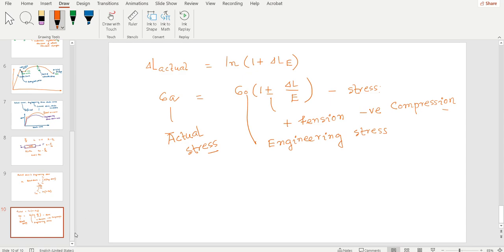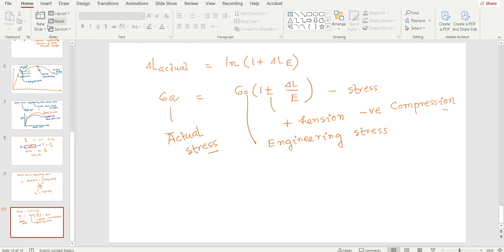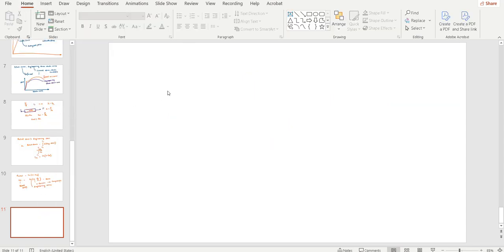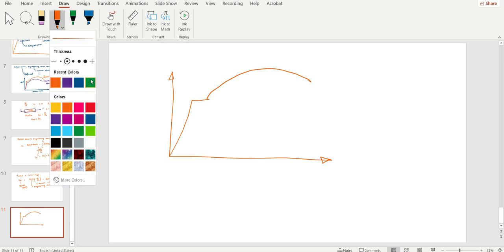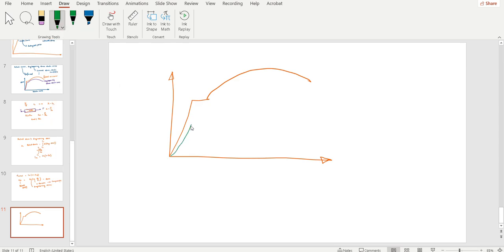So let's emphasize the negative and positive sides. We have already known that the actual curve is like that and the engineering curve is like that.